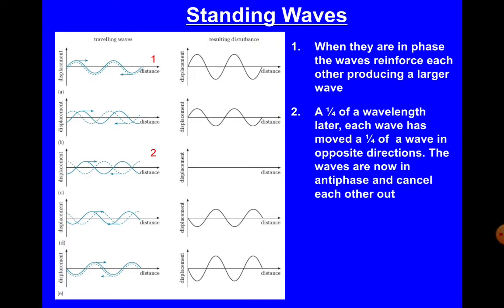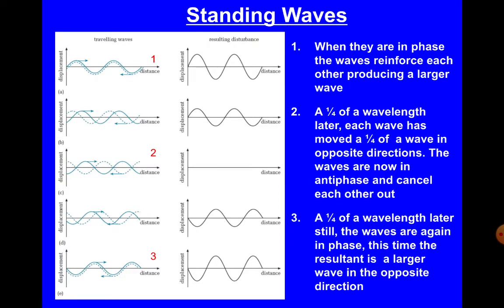In two, a half wavelength later, each has moved half a wavelength in opposite directions, and now the waves are in anti-phase. That means they are cancelling each other out. And again, a quarter of a wavelength later, the waves are again in phase, and this time the resultant is larger than the wave in the opposite direction.